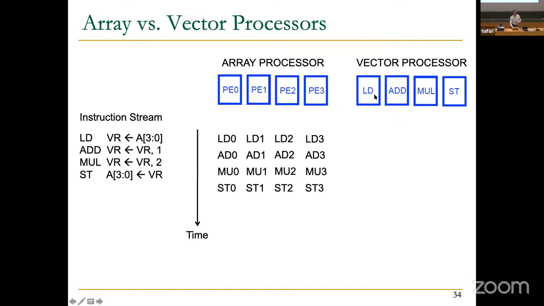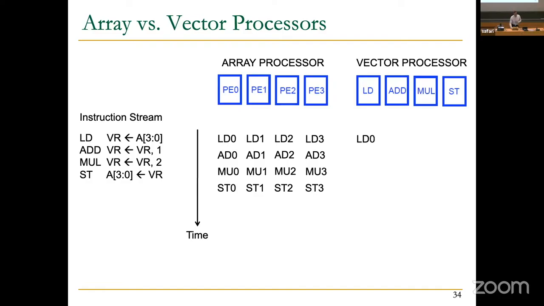A vector processor is frugal, as I said. Processing elements are simpler. You have only one load element, one processing element that can do add, one that can do multiply, and one that can do stores. So you don't have this luxury. You have to perform consecutive operations on consecutive elements in time.